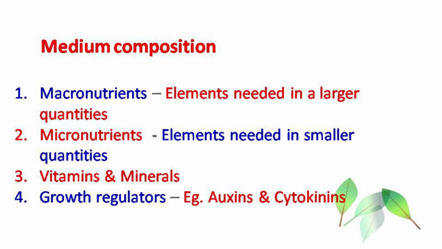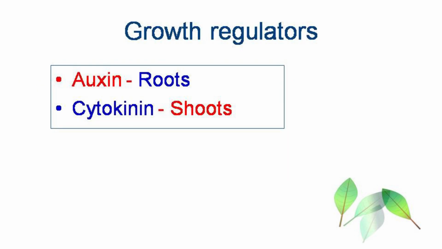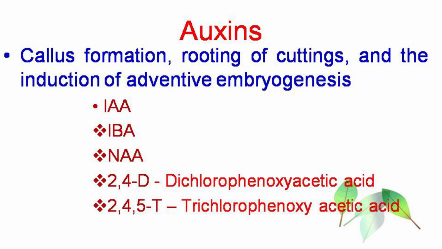Then coming to the growth regulators, 2 types of growth regulators are there. They are auxin and cytokinin. Auxin is mostly used for root induction and cytokinin is mostly used for shoot induction. Examples of auxin are IAA, IBA, NAA, 2,4-D.